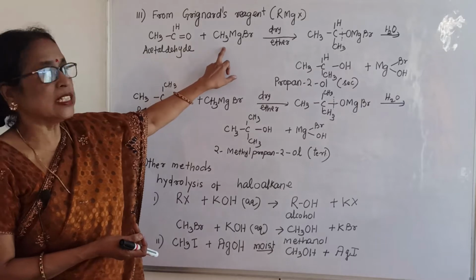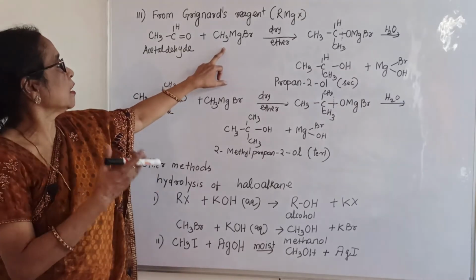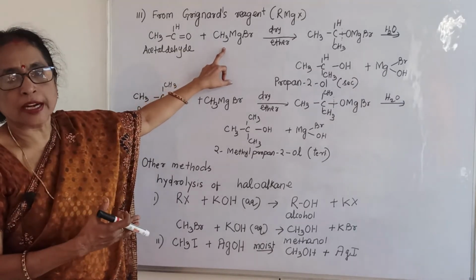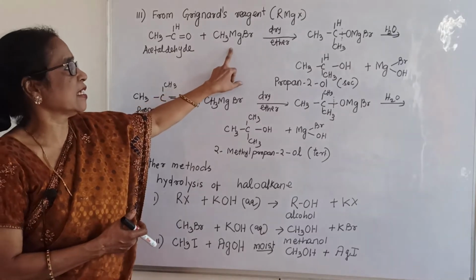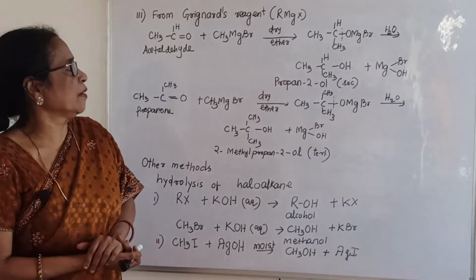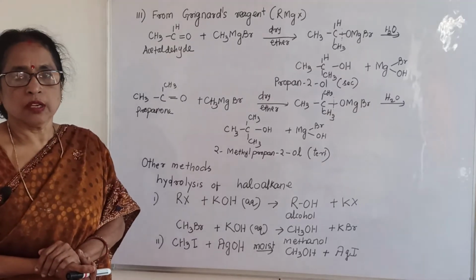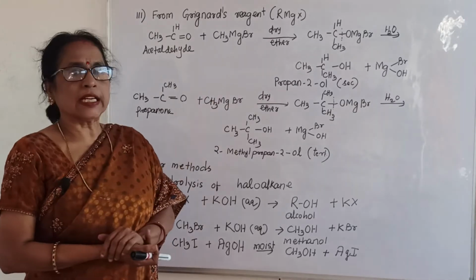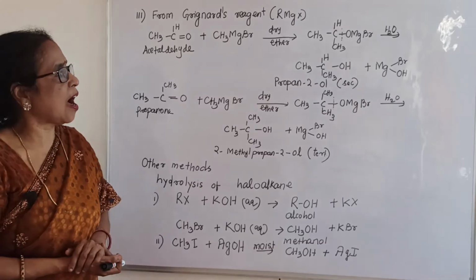Acetaldehyde reacts with CH3MgBr, that is methyl magnesium bromide, one of the Grignard's reagents, and on further treatment with water, you see here it gives propan-2-ol. Propan-2-ol is a secondary alcohol.